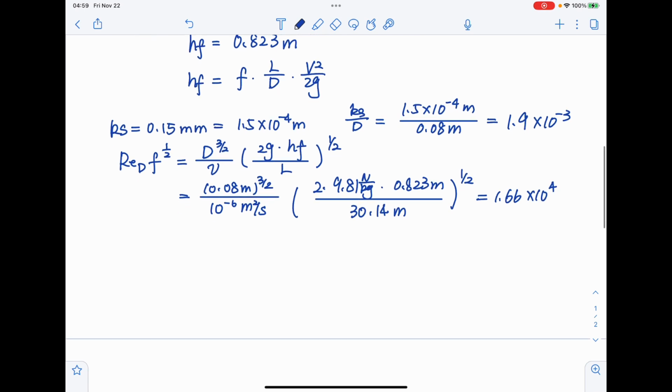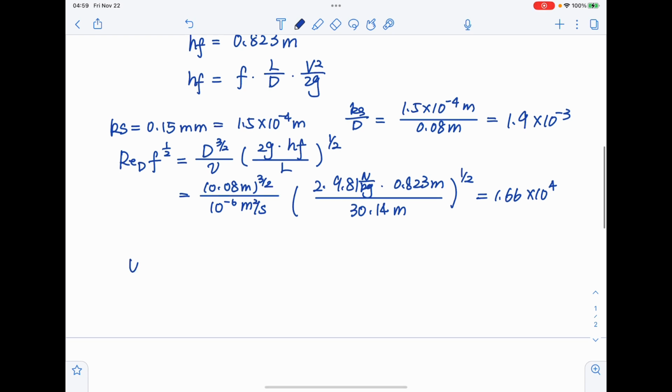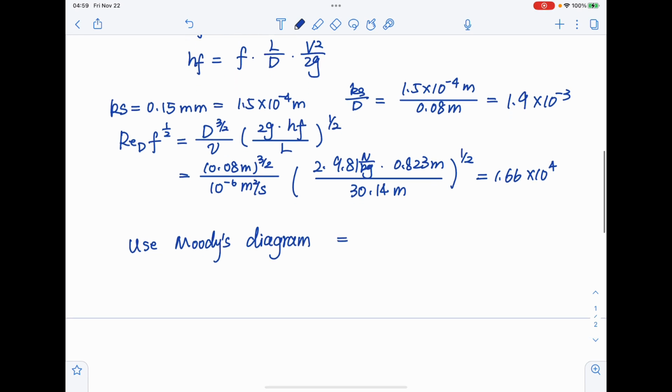So we're going to use the Moody diagram, and you will find that f is about 0.025.